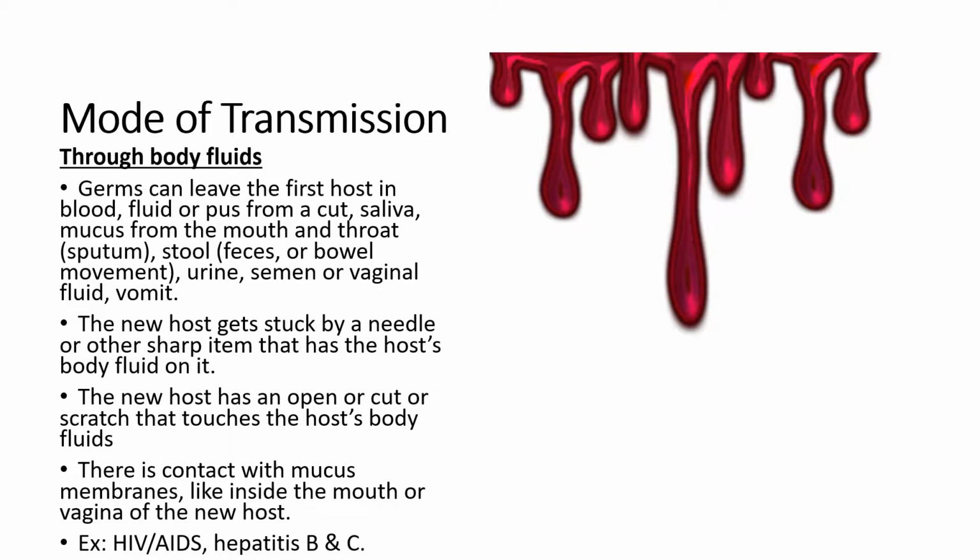Germs can leave the first host in blood, fluid, or pus from a cut, saliva, mucus from the mouth and throat or sputum, stool or feces or bowel movement, urine, semen or vaginal fluid, or vomit.